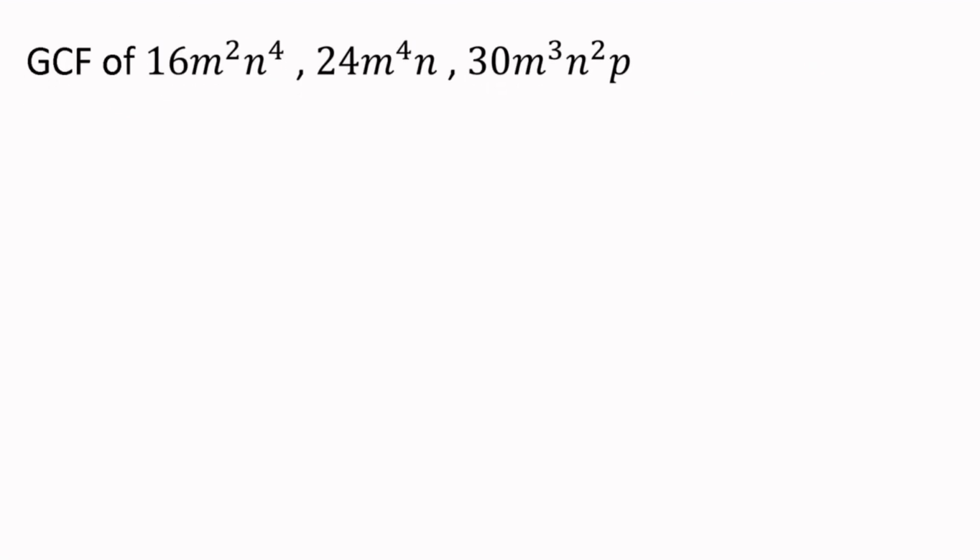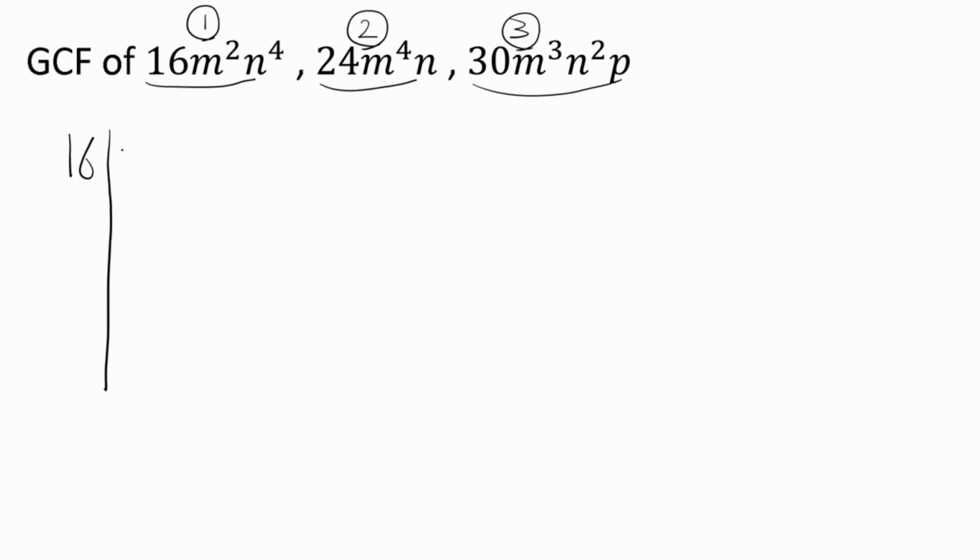Let's solve the next one. Here we have 3 terms as well. This is going to be the first term, second term, and last term. We are going to call it 1, 2, 3. So let's start with the number part, 16. I can divide it by 2: 8, 2, 4, 2, 2, 2, 1.